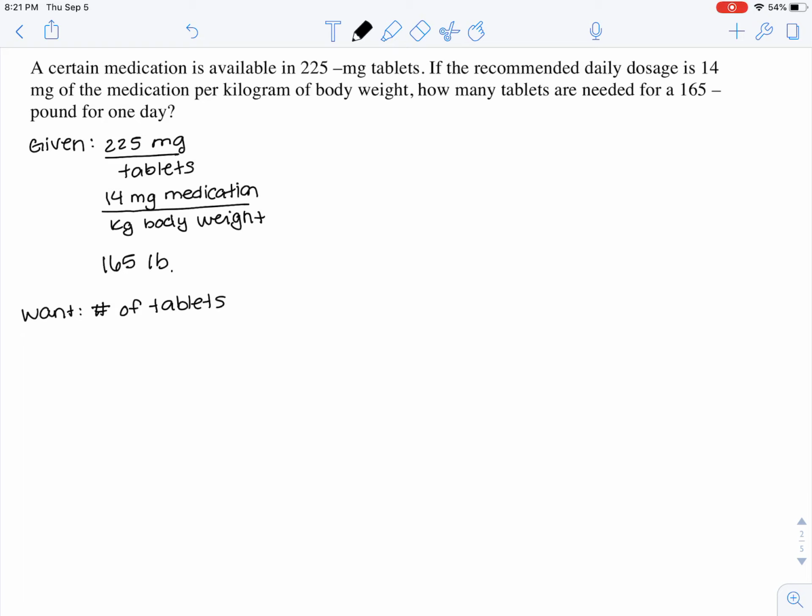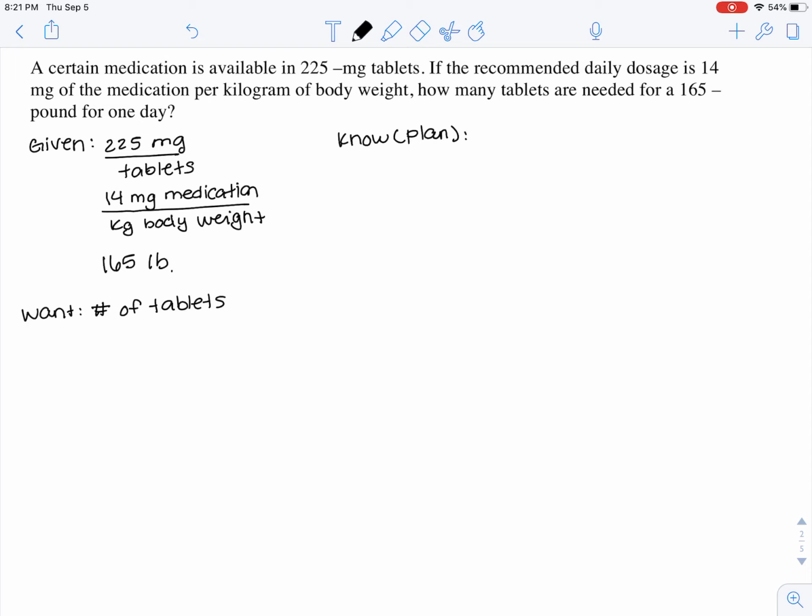Alrighty. Then I like to start with writing down what I know, creating a plan. So I see I have all of these different conversion factors, and then I may even need more. I see that I want to end up with tablets.